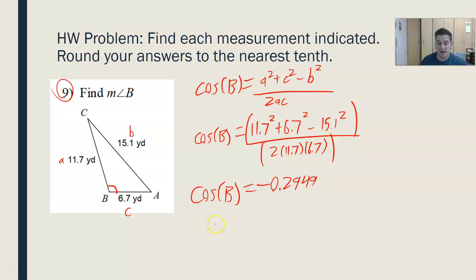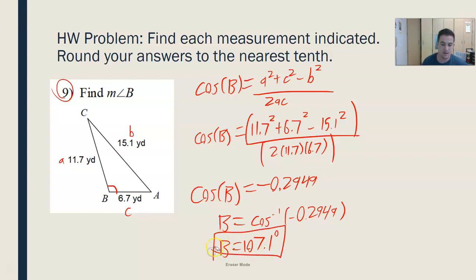Well, that's not my angle yet because I have to take the inverse cosine of negative 0.2949. So the inverse cosine of that ends up being 107.1 degrees. Whoops. So this angle right here is 107.1 degrees.